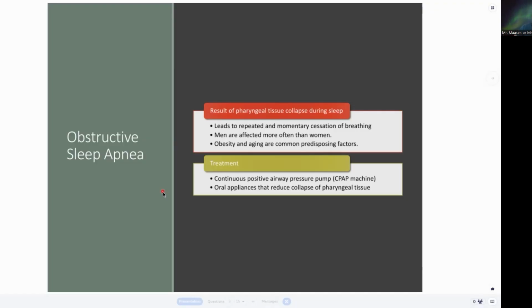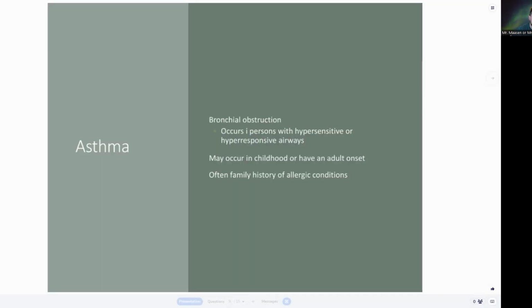This is where people need a CPAP machine, that blow by machine. It blows air through and kind of keeps the pharyngeal open during sleep. Someone that snores a lot is probably a sufferer of sleep apnea. Like me, I have a CPAP. And there's other appliances too besides CPAPs, like mouth guards that prop open the tissue and allow people to sleep. So there's other options.